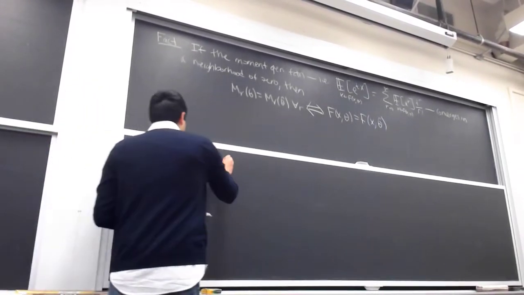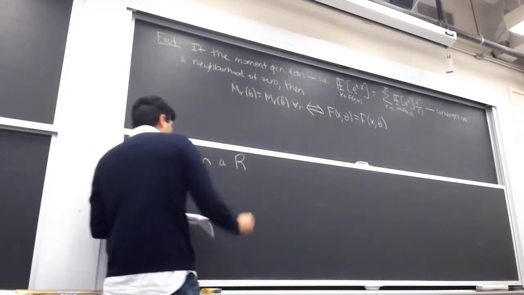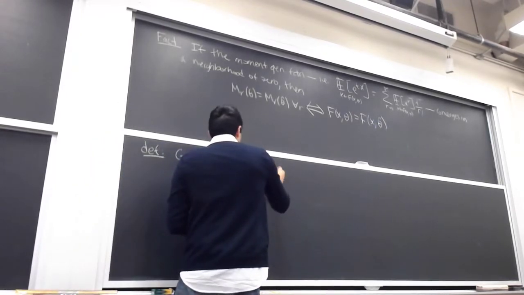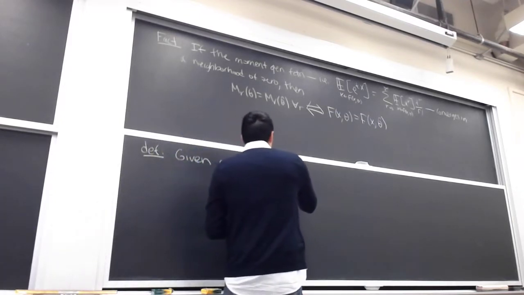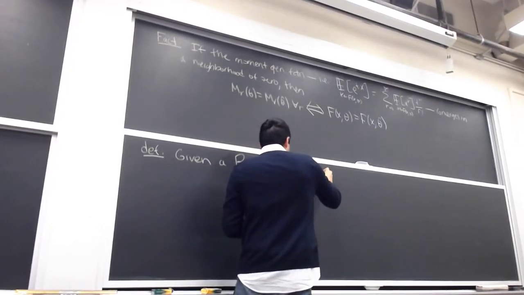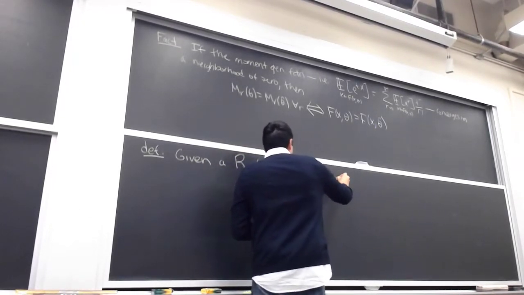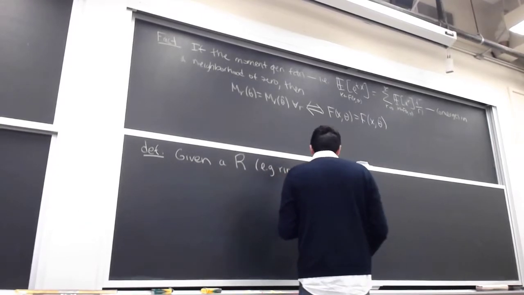But the idea is we're given some ring R. You can think about this as either being all the real values, or, for example, a ring of polynomials, and some formal variable x.